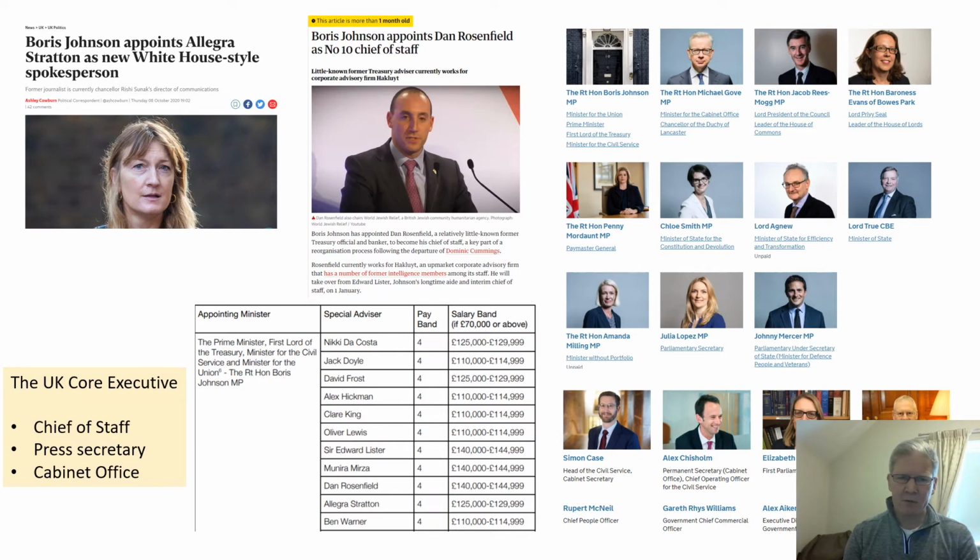You can see there also the number of special advisors used within number 10 in the Prime Minister's department. This gives the impression that it's almost like a White House office or an Executive Office of the President, which exists around the Prime Minister. And so we can draw those comparisons.